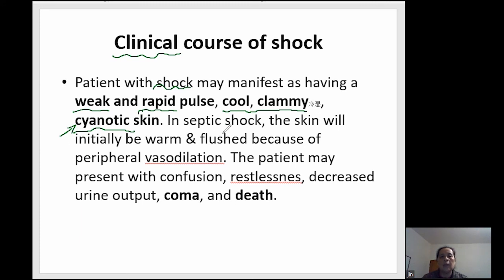In a special kind of shock, like septic shock, from the beginning the skin may be warm, because the blood vessels dilate. In severe cases, the patient will have mental confusion, may be restless, and may have decreased urine.